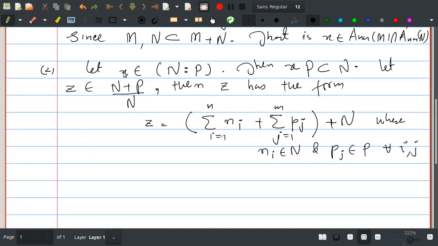Now let us check whether this x annihilates this element or not.